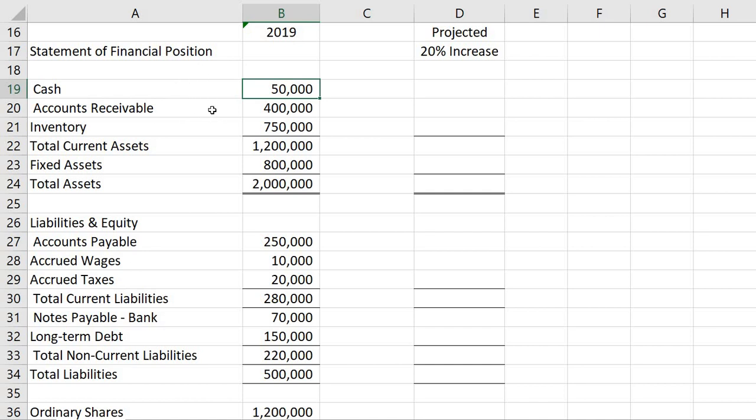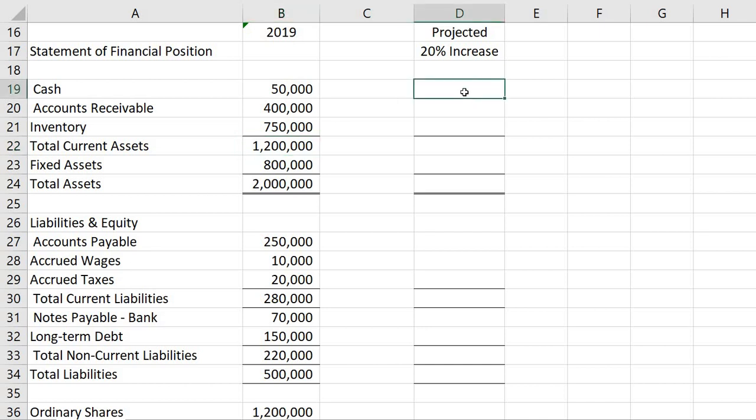Generally, current assets usually increase spontaneously with the increase in your sales. Unless otherwise stated, we assume they will increase in proportion to the increase in sales.